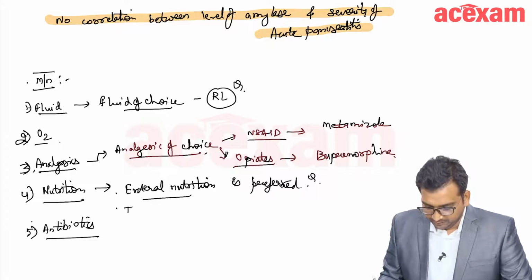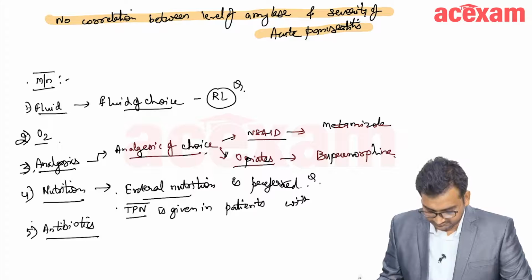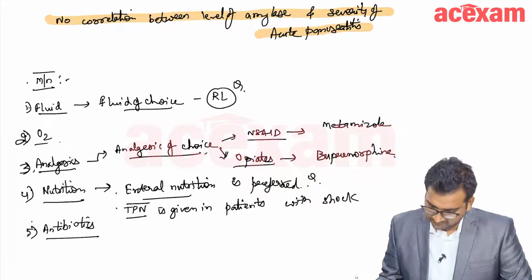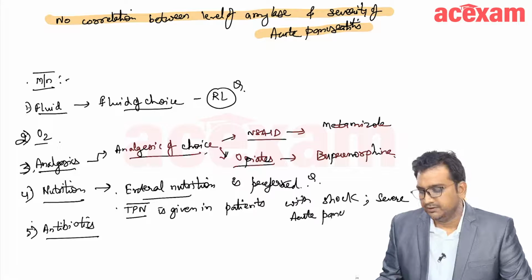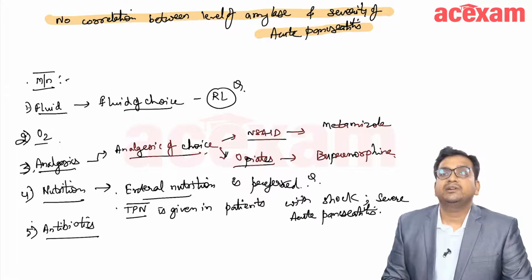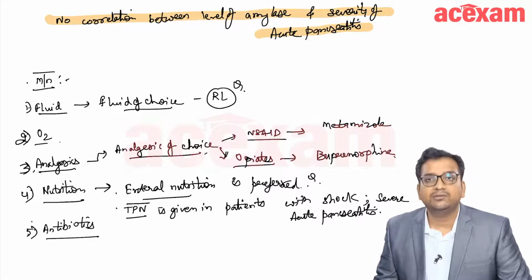And when are we going to start TPN? TPN is given in patients with shock and severe acute pancreatitis. Okay, so if the patient is having shock or severe acute pancreatitis, is on ventilatory support and is not able to take orally, then in those patients we'll have to start TPN.